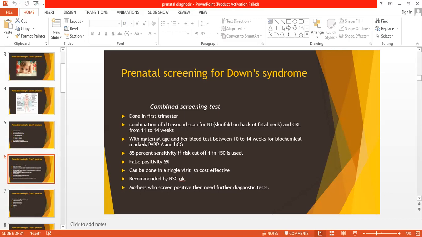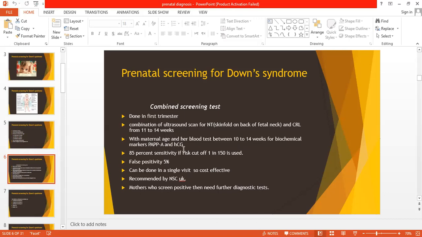You combine it with maternal biochemical markers, and her age is taken into account. As you have seen in the previous slides, with advancing age, the risk for Down syndrome increases. Her blood tests include pregnancy-associated plasma protein A and human chorionic gonadotrophin.